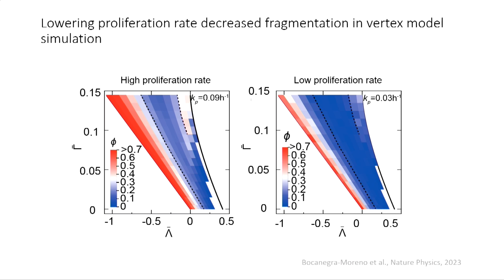So cells are dividing slower. This is something that intuitively maybe is obvious, but I tested it in the simulation. So this Kp, the proliferation rate, we decrease roughly by a factor of 2-3.